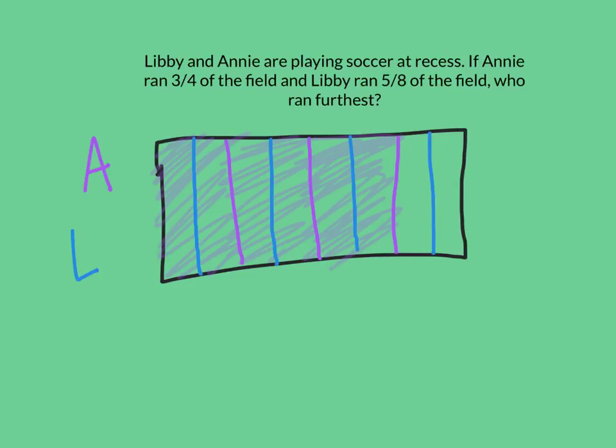Okay, now we can shade in for Libby. 5 parts. 1, 2, 3, 4, 5. Now we can see that Annie has more shaded parts than Libby, which means she ran farther on the field than Libby did.